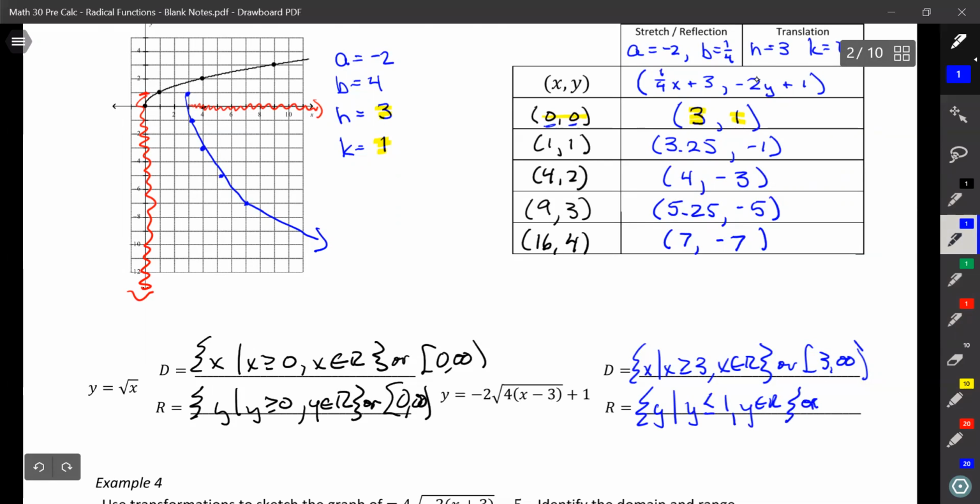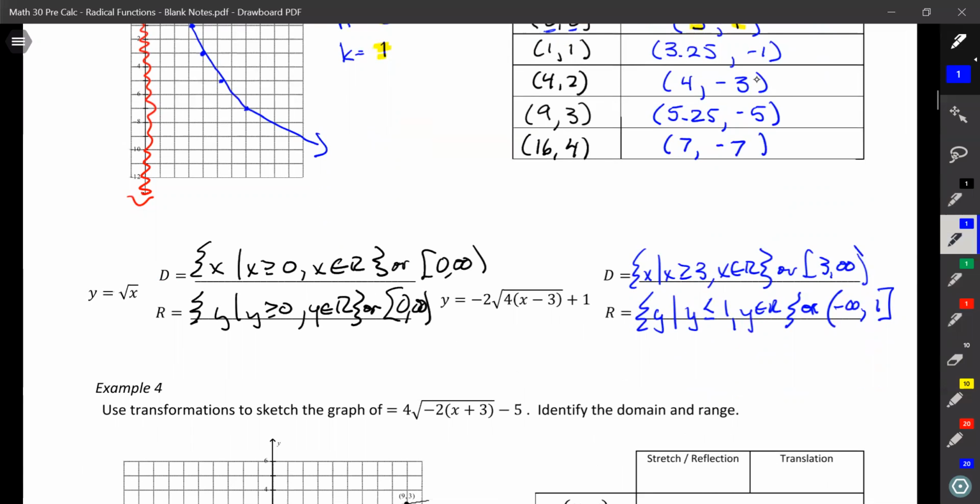Or the way we would do this one is negative infinity all the way up to 1. We go from lower to greater when we write in the interval notation. So that's why the negative infinity is first up to the 1, and the other one, the positive infinity is to the right of the 3. So that's what we do there.